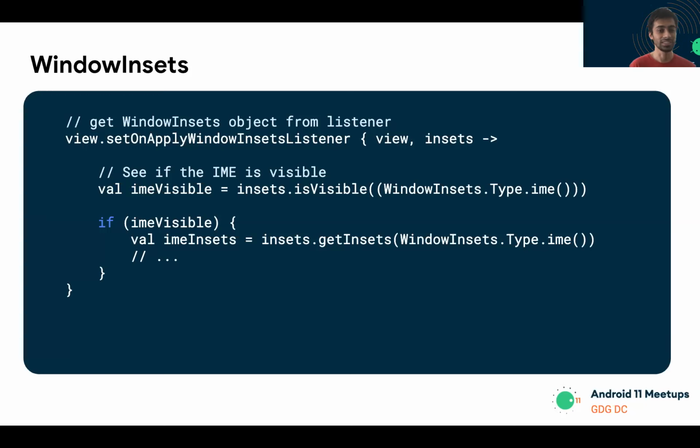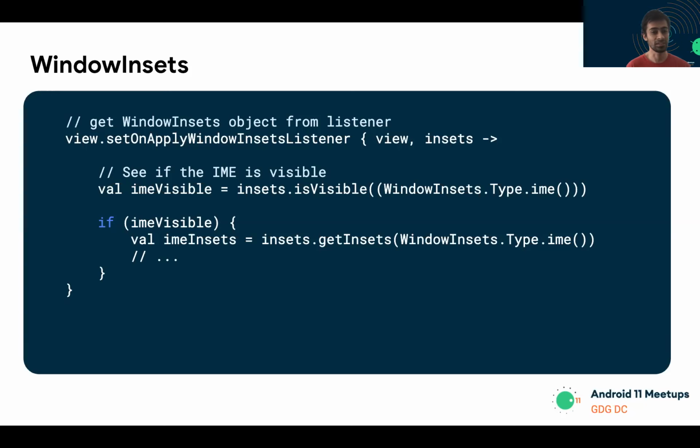Well, with this release, you can apply an inset listener onto your view, and it will give you information about not just the keyboard, but other window related items as well. For this example, I'll just go through it quickly. If you call insets.isVisible and pass in the IME type, which is your input method editor, it'll tell you simply whether the keyboard is visible or not.